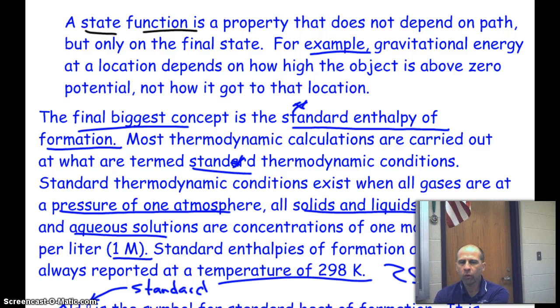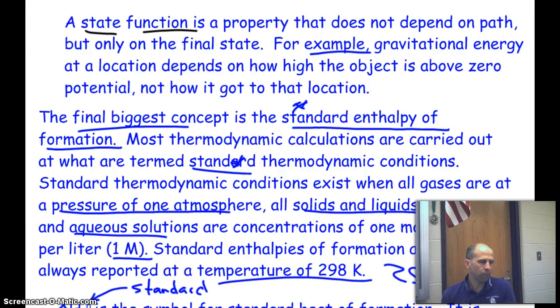And usually the temperature is 298 K, 25 degrees C. And the bottom line is that under those conditions, there is a certain change that happens in going from point A to point B, and it doesn't matter how you got there at all. I'm going to come back to that in a minute.